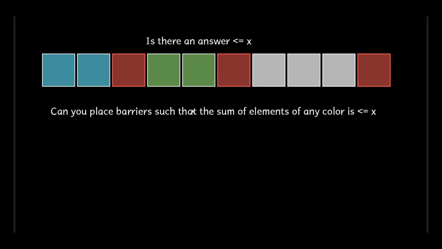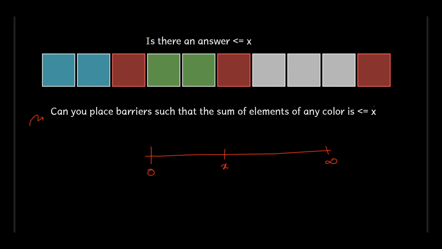Now, before jumping into the algorithm to solve this easy version of the problem, let's see if we can solve the original problem if we have the answer to this easy version. Now let's visualize the number line, and notice that this is, let's say, 0 and this is infinity. And this is x somewhere over here.